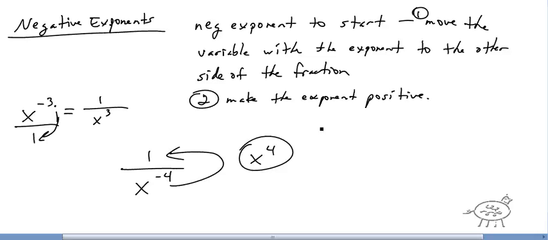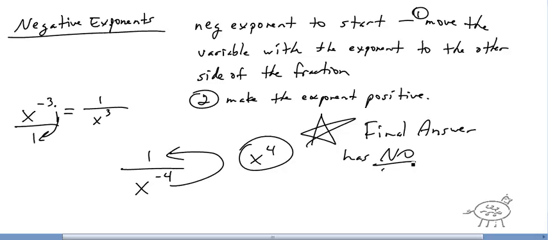And this is actually a huge rule, so I'm going to put a big star here. Your final answer has no negative exponents. That is huge, people. Your final answer has no negative exponents.